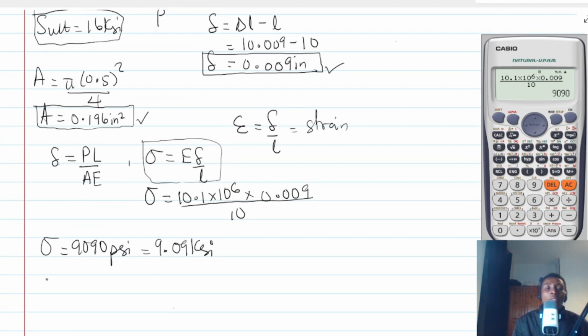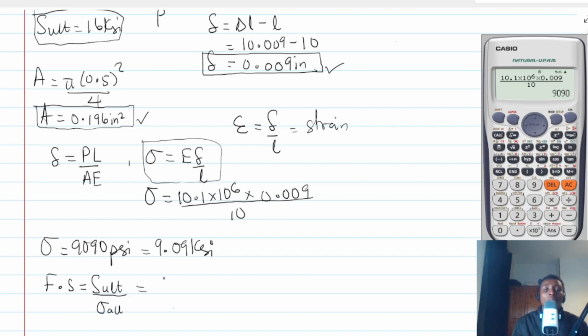Therefore, our factor of safety is how safe we are from our design. In other words, how safe are we? It is given by the ultimate tensile strength divided by the stress which we have allowed.